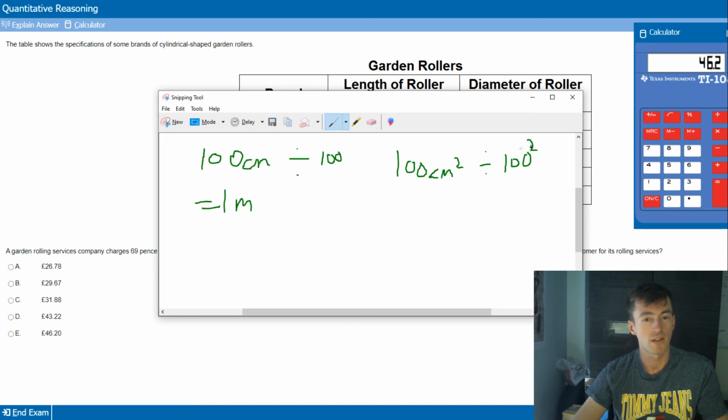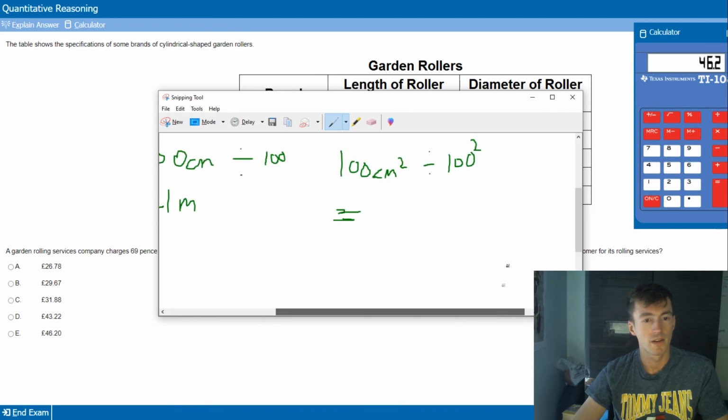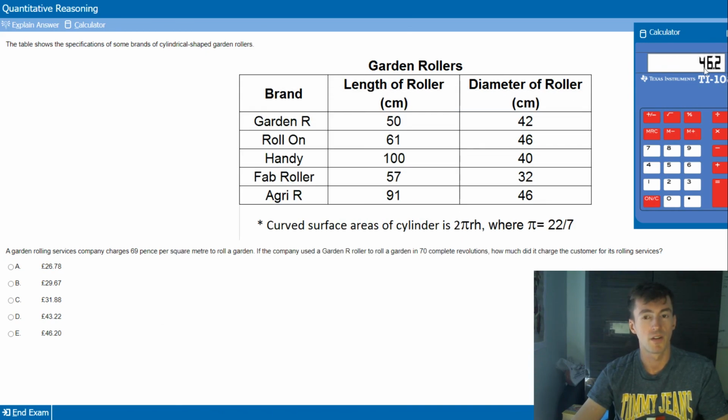Because you're cancelling these two, because this has to equal out. And then 100 squared is 100 times 100, which is 10,000, which would give you 0.01 meters squared, right? So in this situation, we have to divide by 10,000 to get to meters squared.